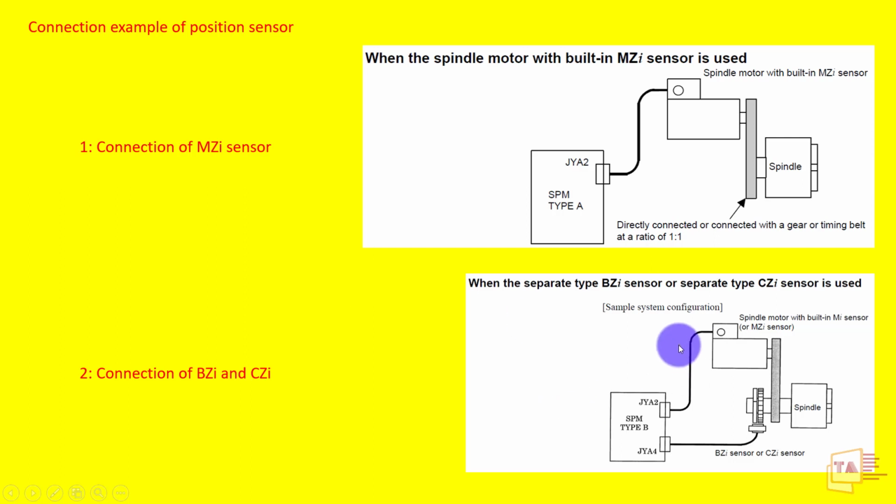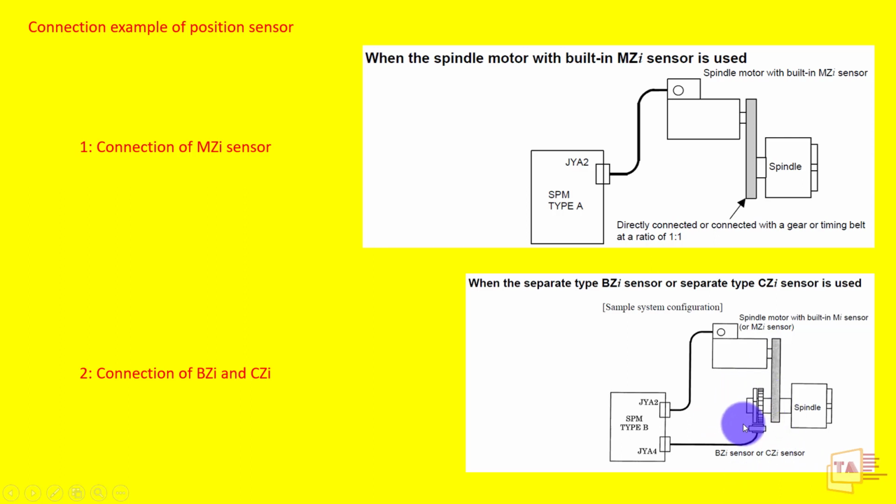So that is the sample system configuration of the Fanuc spindle. See, here we are getting JYA2 and here we are giving the external signal JYA4 to the drive. BZI or CZI is separately connected on the timing belt side.